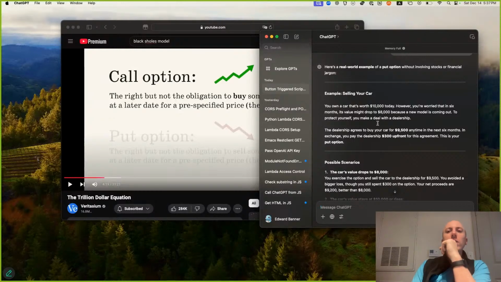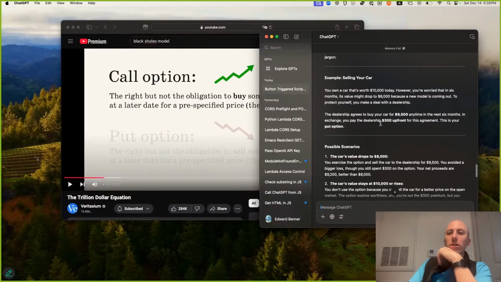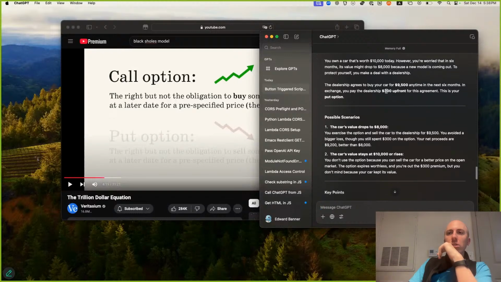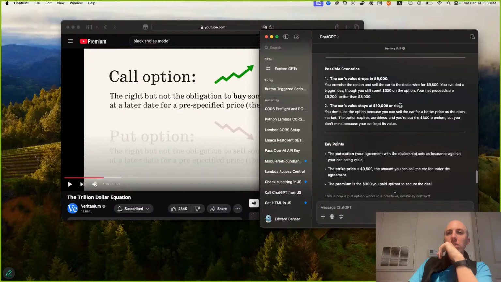Versus, yeah, selling your car. Why would the dealership want to agree to this? I guess you do pay them a little bit up front, so they get some money right away. Okay, $300 up front. Interesting.